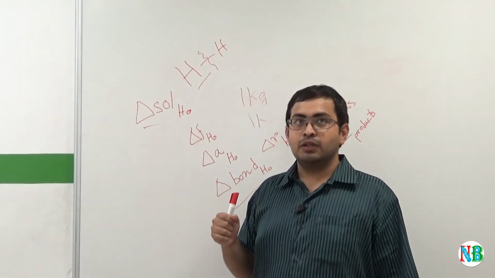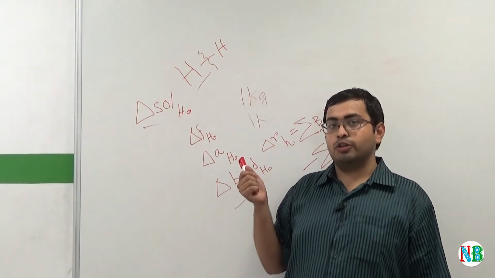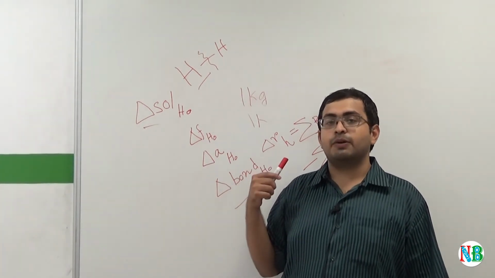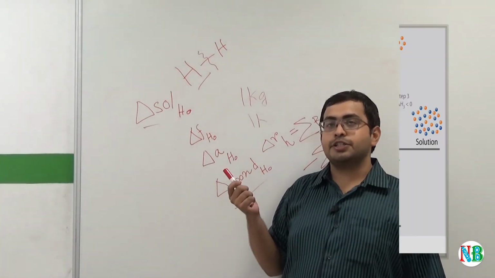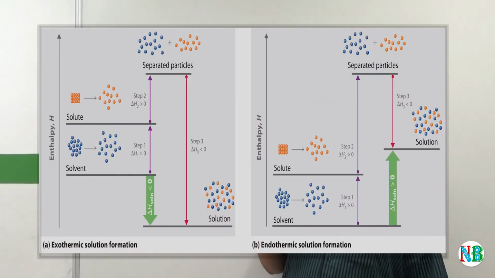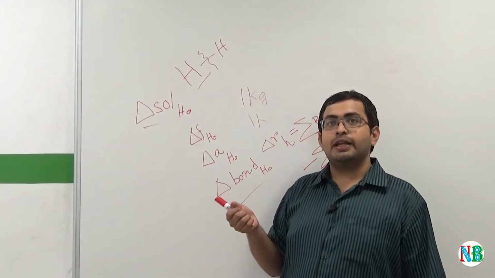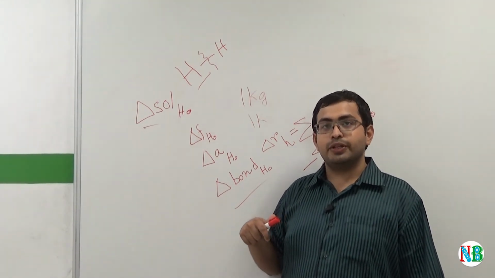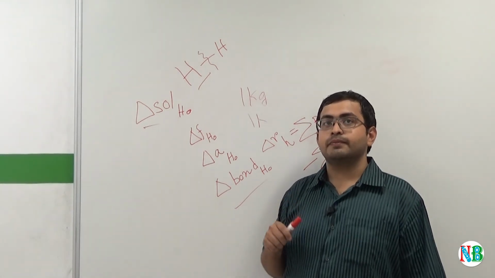The enthalpy of solution at infinite dilution is the enthalpy change observed on dissolving the substance in an infinite amount of solvent when the interactions between the ions or the solute molecules are negligible.